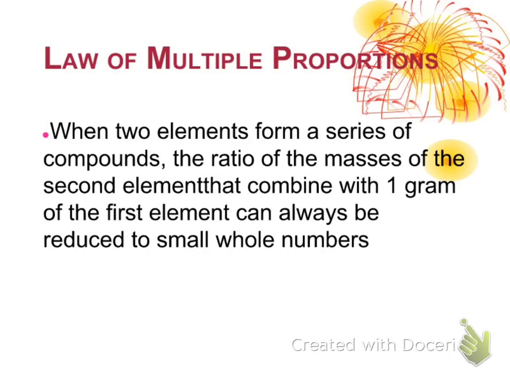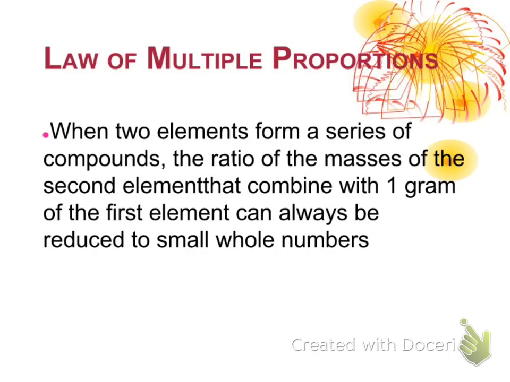Down here, look at this one. This one, 3.99, what's that divisible by 1.33? 3. How many more atoms does it have than CO? 3 times as many atoms. Okay? So we could go, there's no such thing as CO4, but that would be an example of multiple ratios.